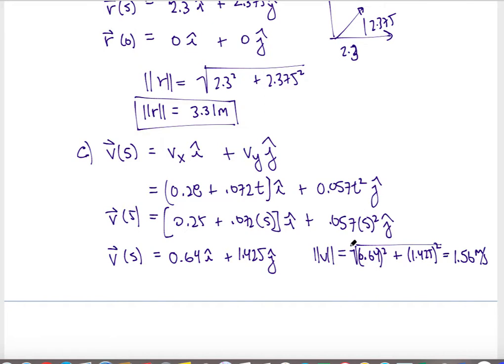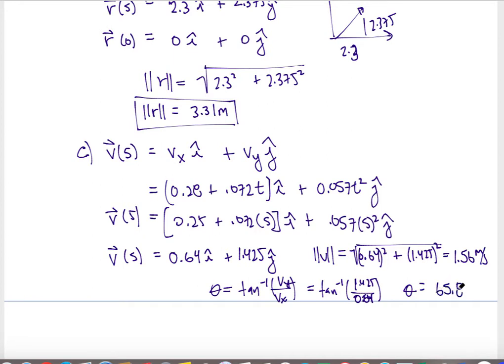And my angle comes from using the arctangent, so theta equals arctangent of the vertical component over the horizontal component. So that would just be the arctangent of 1.425 over 0.64. Pardon my small handwriting.